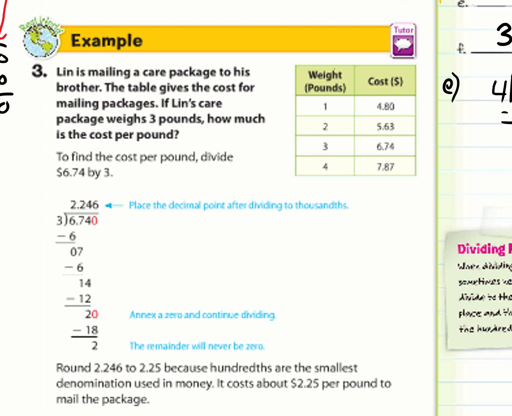So if we look here at the table, and we have 3 pounds, and it costs $6.74. So we want to know how much does it cost per pound for the 3 pound weight. So that means we're splitting it up, we're breaking it down. So we have $6.74 divided by 3.